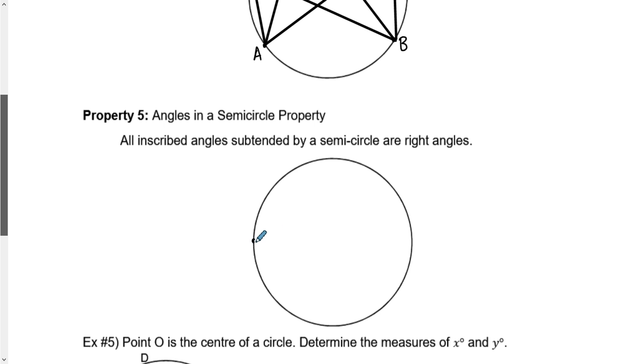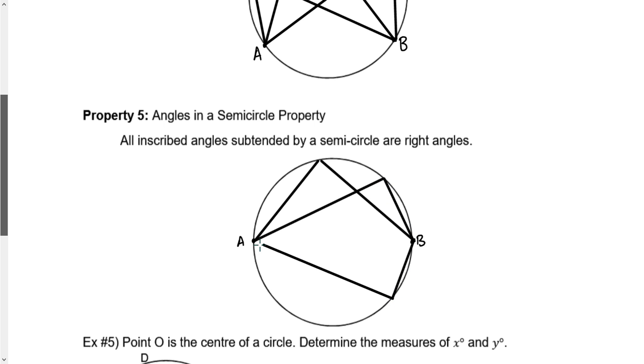So meaning, if you have a semicircle, so half a circle, no matter where you draw your inscribed angles, so an inscribed angle can be there, can be there, can be there.